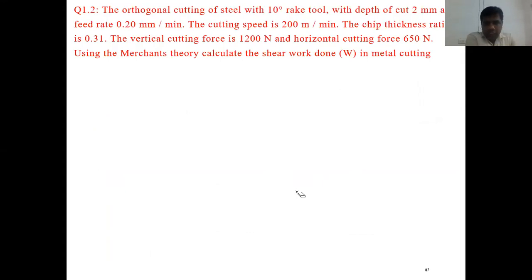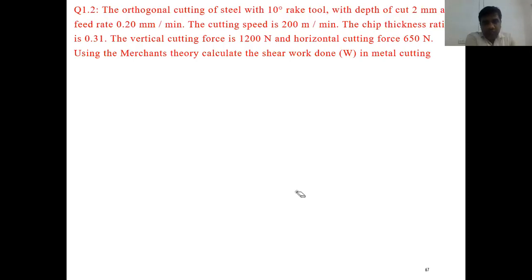In an orthogonal cutting of steel with a 10 degrees rake tool, with depth of cut 2 mm and feed rate 0.2 mm per minute, the cutting speed is 200 meters per minute. Cutting speed is given. The chip thickness ratio is 0.31. Here the chip thickness ratio is given directly.